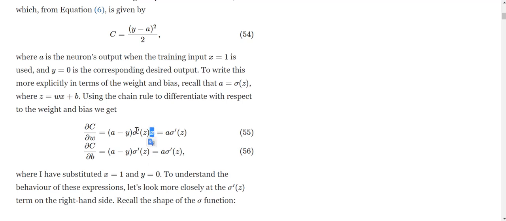Where is the x coming from? It comes from the derivative with respect to the weight of the term wx plus b.